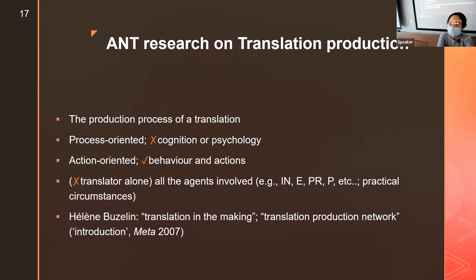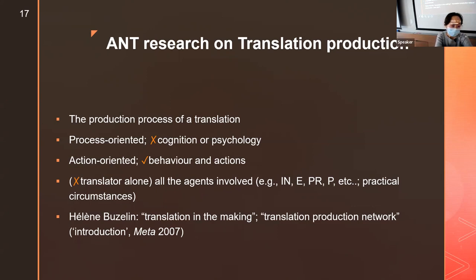It is process-oriented, but not cognitively or psychologically oriented. Instead, it focuses on the actions and behaviors of the participants of translation. And by participants, ANT-based research in translation does not refer only to the translator alone, but to all the agents involved in translation, for example the initiator of translation, the proofreader, or the publisher.